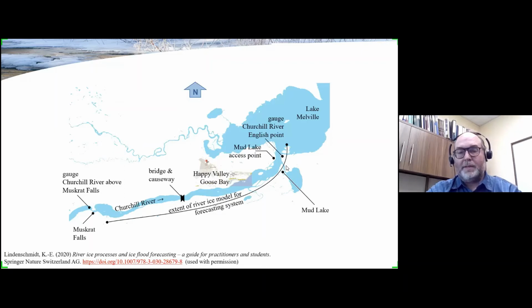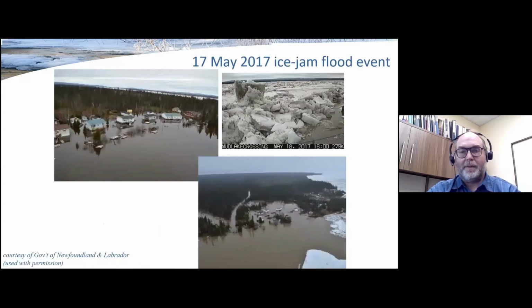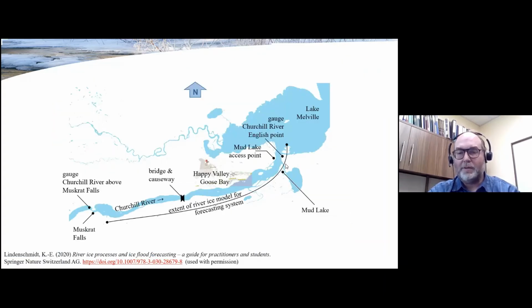Mud Lake and parts of the Mud Lake access point were flooded from that event. And it was decided from that to develop an ice jam flood forecasting system. Here are some pictures of that event. This is the Churchill River here, and then there's a side channel here. You can see the town where it was flooded out.